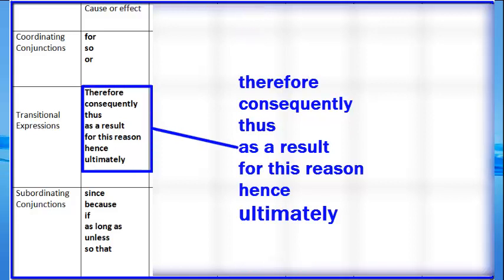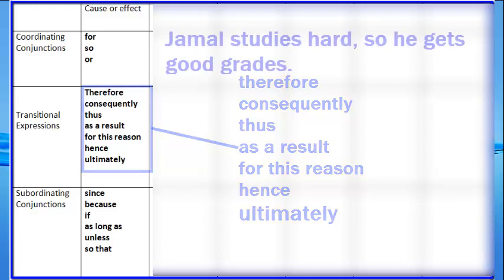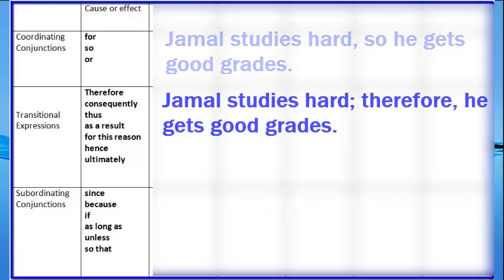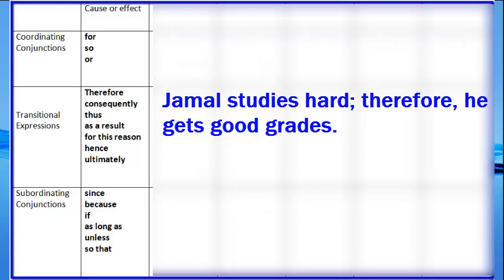You'll notice that while none of the transitional expressions show cause, they all show effect. Jamal studies hard, so he gets good grades. Jamal studies hard, therefore he gets good grades.